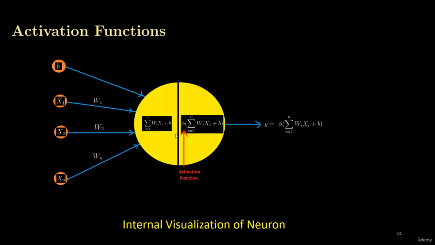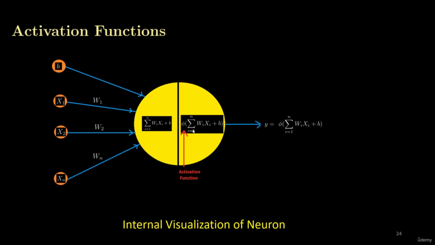So this is the internal visualization of the neuron. If we divide the neuron in two portions, this is the input side of the neuron, and this is the output side of the neuron. We can apply the activation function at the output side of the neuron. We can see that this phi is an activation function, and we are applying it at the output side of the neuron. So when we draw a diagram, we do not need to draw a separate layer to show the activation functions. However, when we implement a neural network in PyTorch, we need to add the activation as a separate layer.